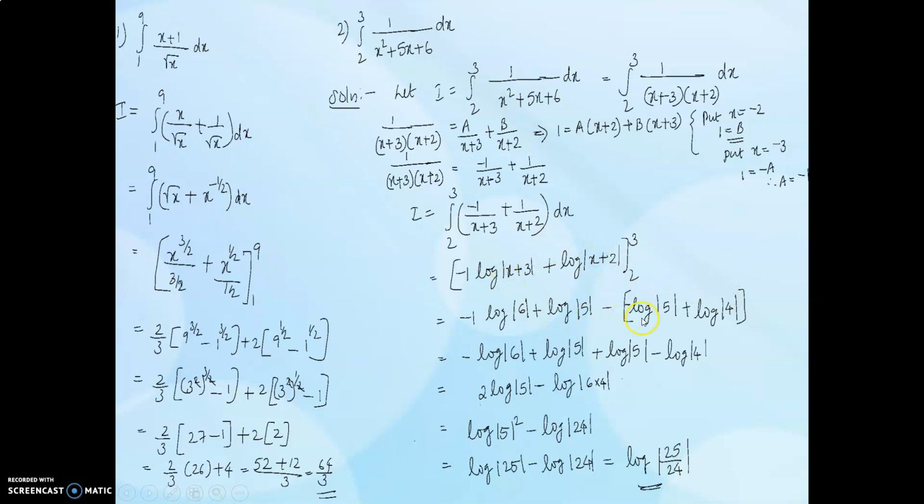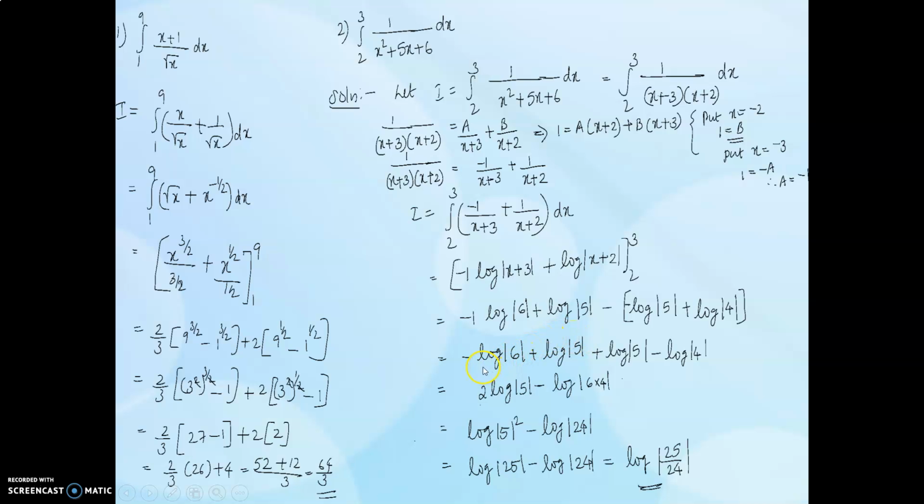You can give this way, or for the first term you can give both upper and lower limit, then apply for the second term. Here I have given for both terms the upper limit first, then the lower limit. Anyway, you can do. So minus log mod 6 plus log mod 5, minus into minus plus is log mod 5, minus into plus is minus log mod 4.